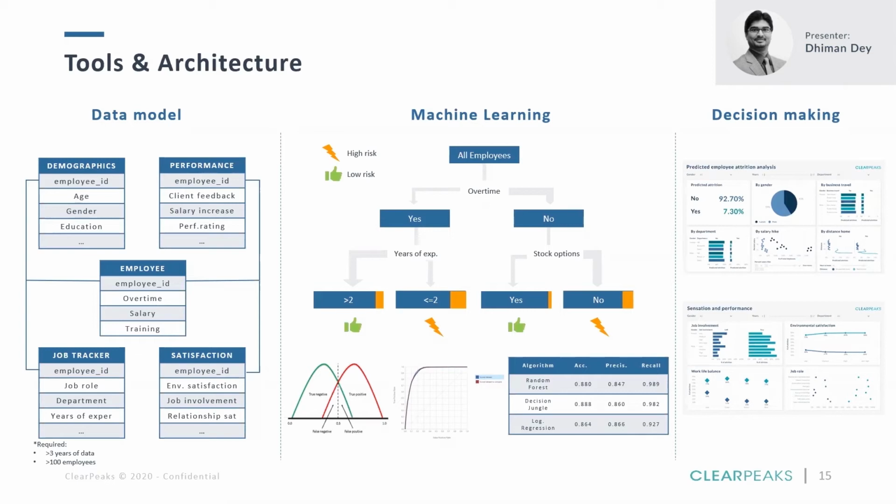Once you have all these attributes, you bring them together into a platform where you can apply machine learning, and then take those insights to a dashboard which is much more convenient for consumption by the HR managers or HR directors, where they have all the information they require for decision making at their fingertips.